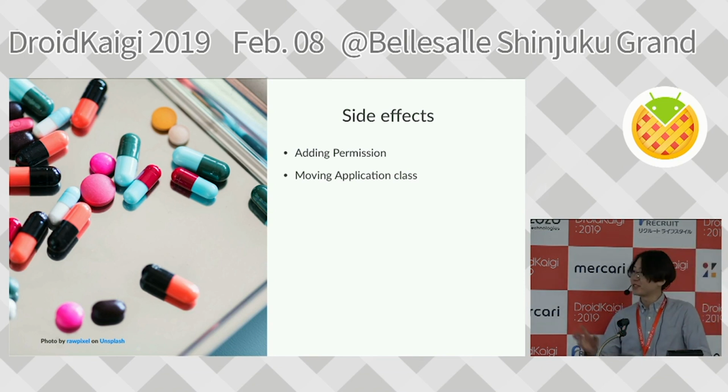Can you imagine what happened if you move the application class? Users couldn't launch the app from the shortcut on the home screen, because the entity of the shortcut is a kind of bookmark for the intent of the former package name. So take care.